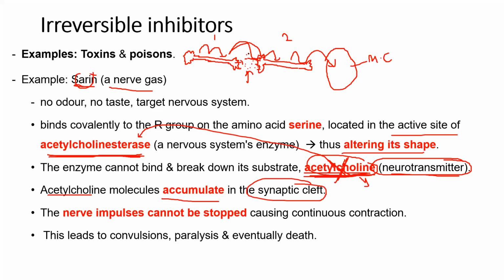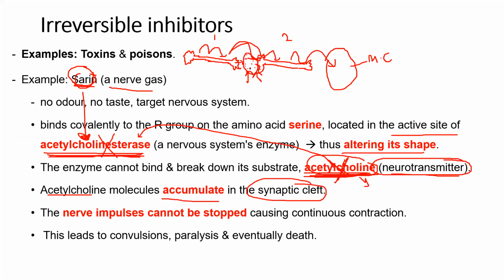So this acetylcholine has to be removed. In order to remove it, you will need the enzyme acetylcholinesterase to break down the neurotransmitter. But in the presence of serine, serine will bind to the active site of acetylcholinesterase permanently and destroy its function.